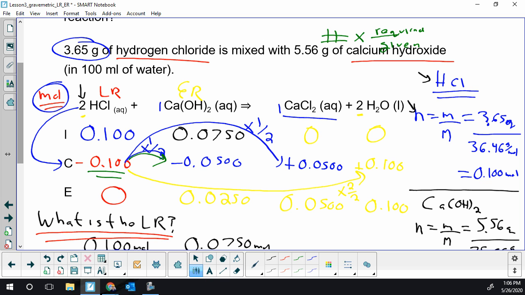I multiply by the required coefficient of what I'm trying to figure out. So how do I figure out this double underlined green number? Okay, I'm going to take the red 0.100, multiply by the coefficient of what I'm trying to figure out, which is a 1, and divide by the coefficient of the given, and the given red is coming from a 2 coefficient.